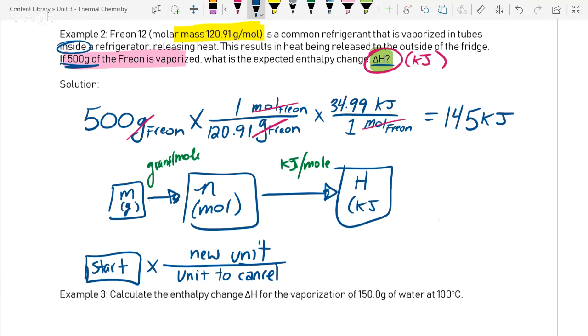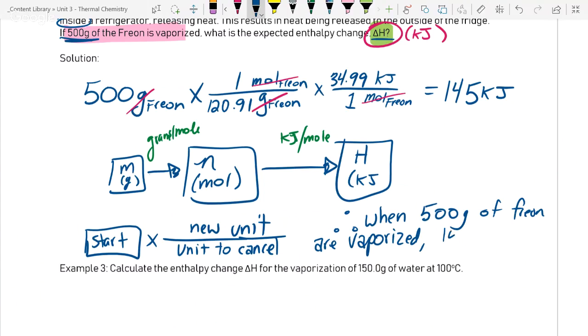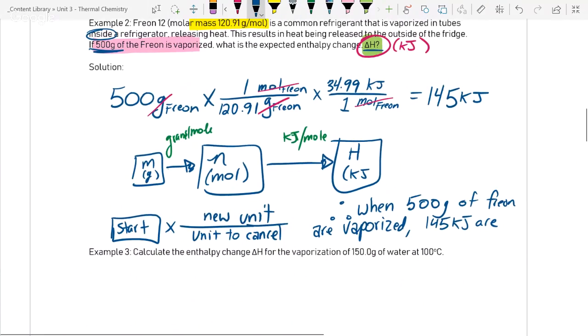And so we can say when 500 grams of freon are vaporized, 145 kilojoules are now what? Absorbed or released?